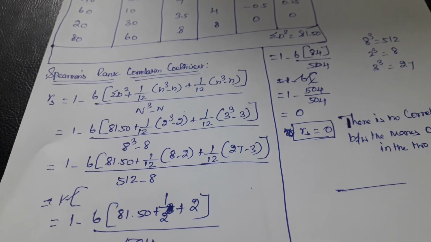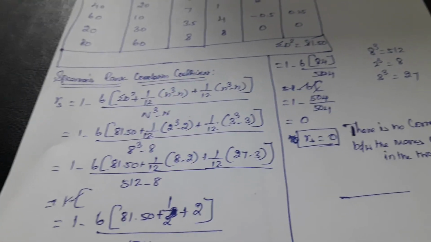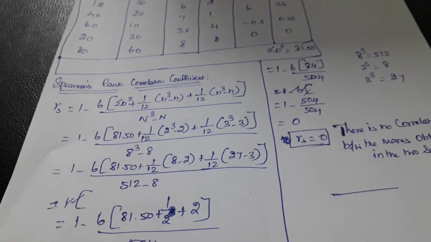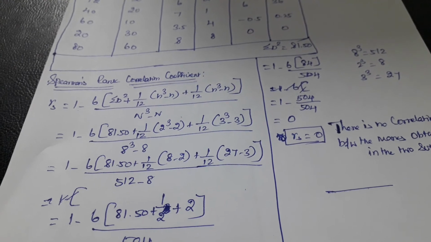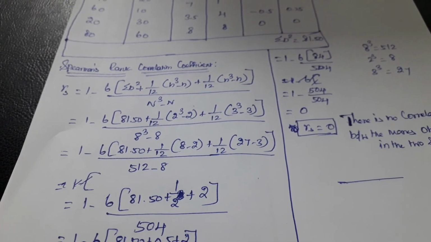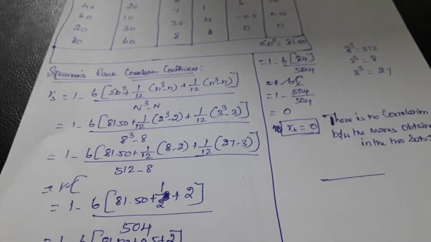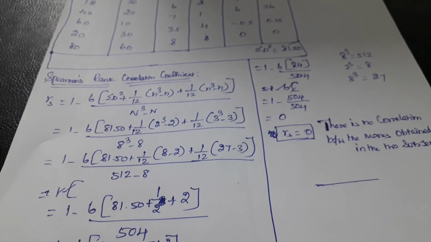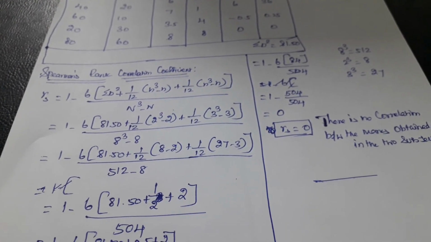Here we got only two kinds of repeated data. Sometimes we get many kinds of data. According to that we need to expand the formula. Here the n cubed minus n represents how many common data we get.